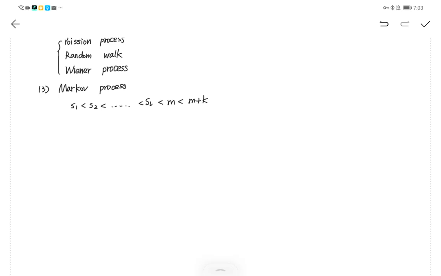This is all the intervals of time, and we can set a discrete random process xn.